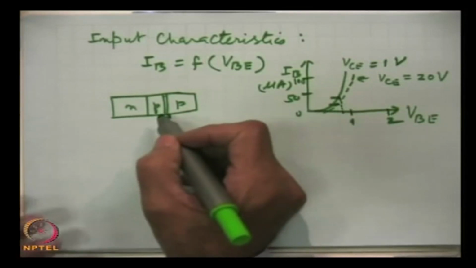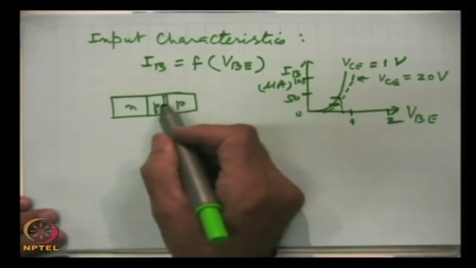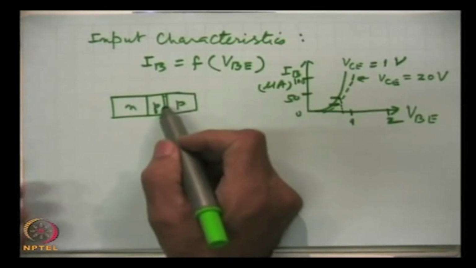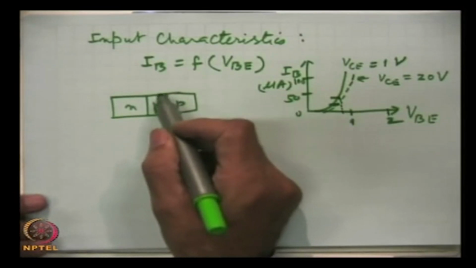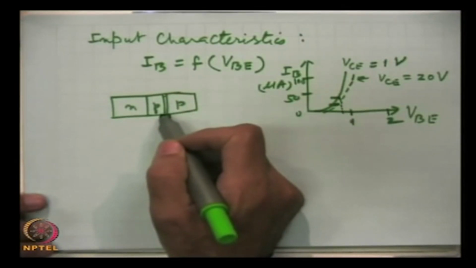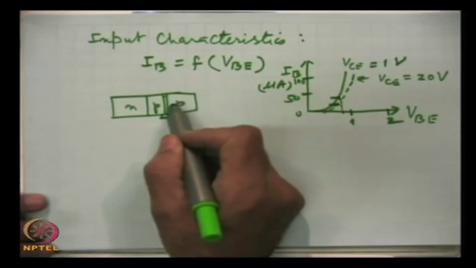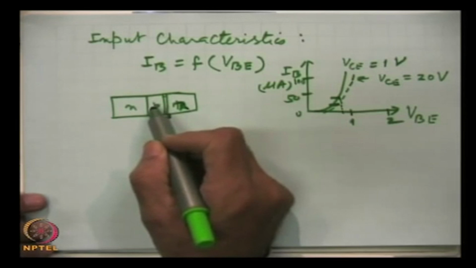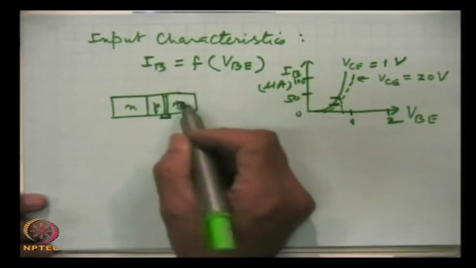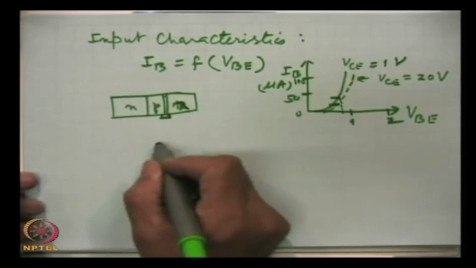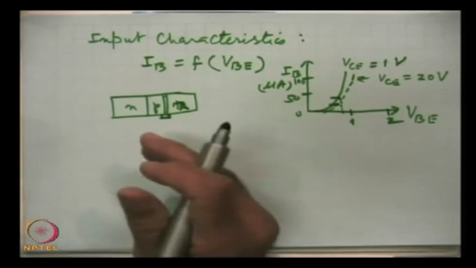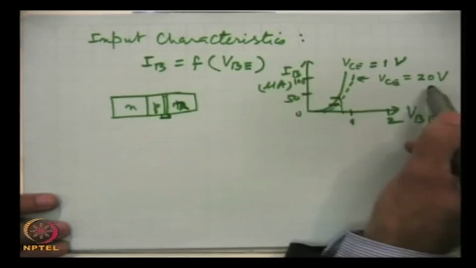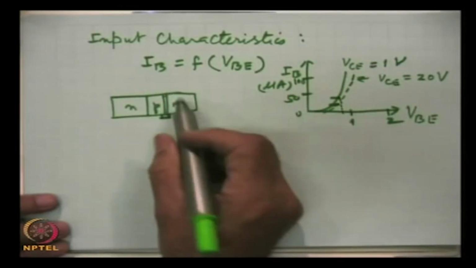Now, very important point, that the spread will be there and this spread will be more in less doped base region, because in comparison of the collector, base is more lightly doped. So, when depletion region broadens because we have changed the voltage from 1 volt to 20 volts, now there is 20 volts across this.